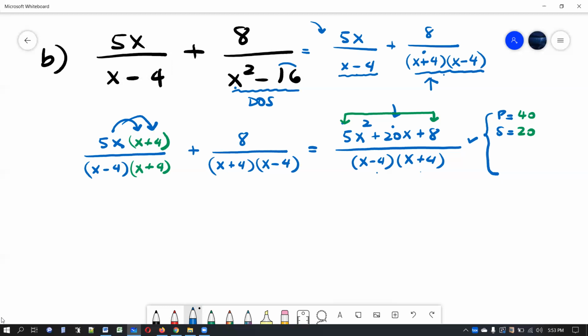So let's go through some of them. Let's see, 1 and 40 is a possibility, 2 and 20 for the product, maybe 4 and 10, and maybe 5 and 8. That might be everything. Okay.